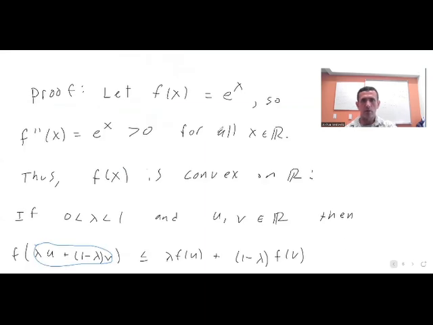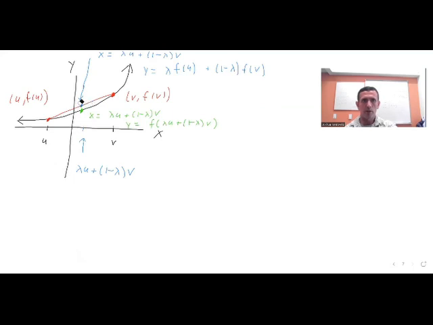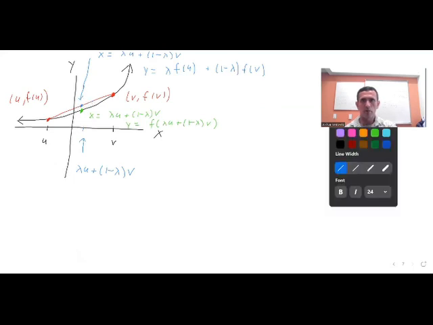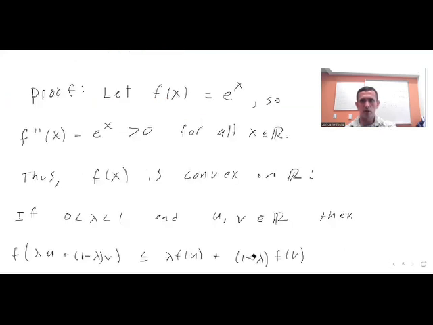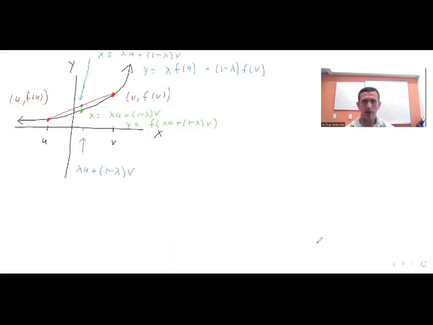So, okay, maybe let me do this. This is blue, so maybe I should use blue for this one. Good. So what I just circled is a y value for this point.